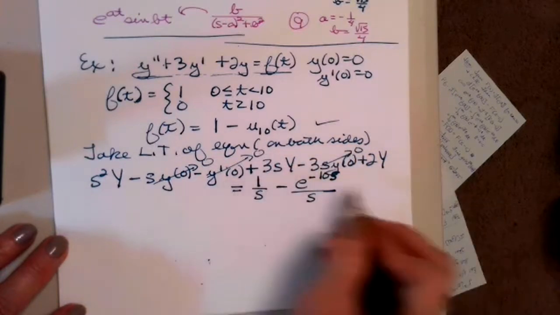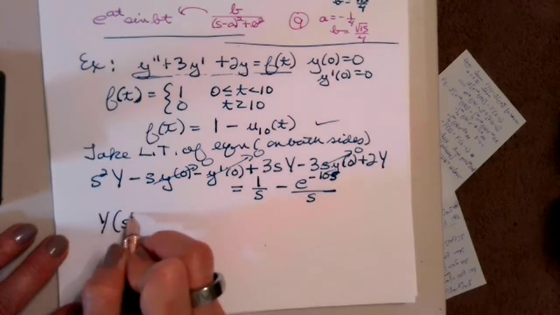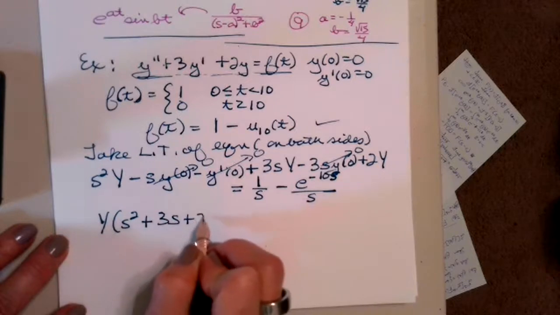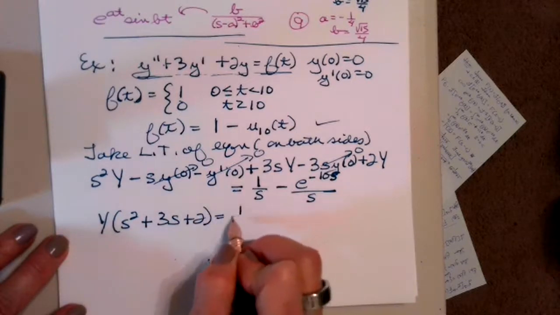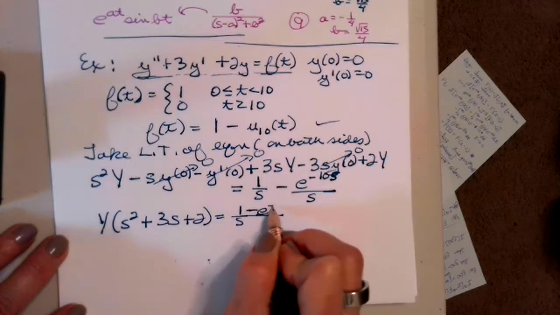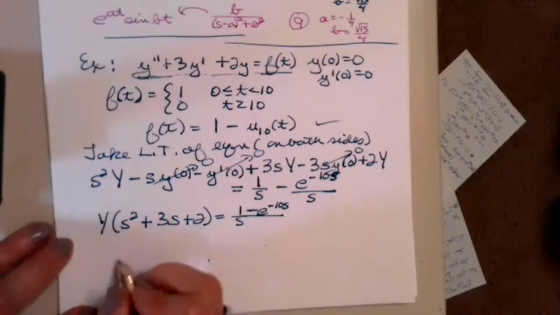The only things left on the left-hand side involve capital Y, so I'll write that and factor out the capital Y. That's equal to 1 over s minus e to the minus 10s over s. I said it wrong, but I wrote it correctly.